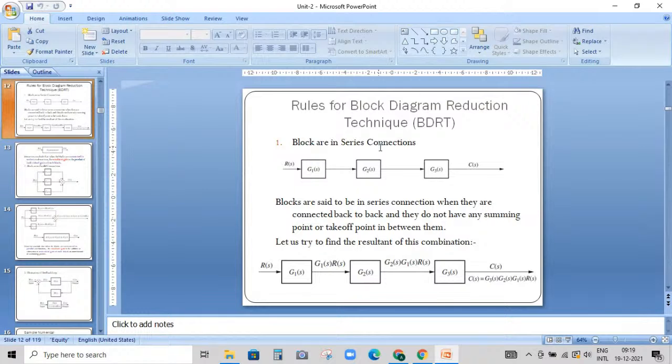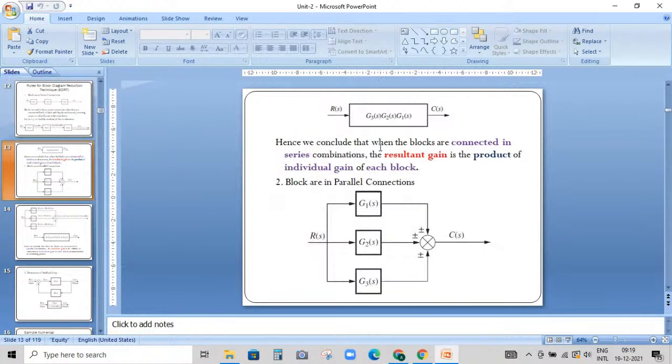Finally we concluded that whenever the blocks are connected in series, we need to find the resultant by multiplying the gain of the individual blocks, or the resultant gain will be the product of the individual block gains.